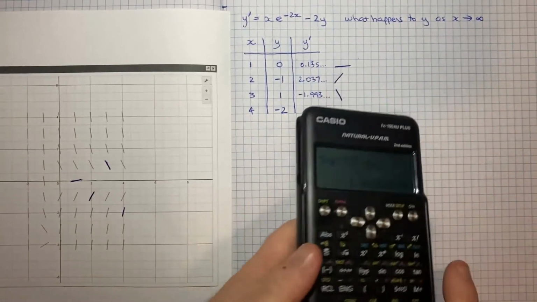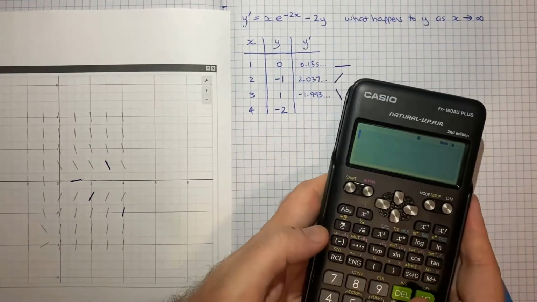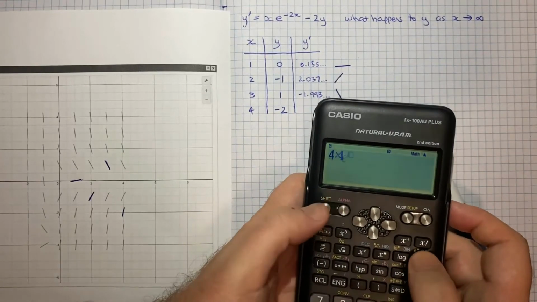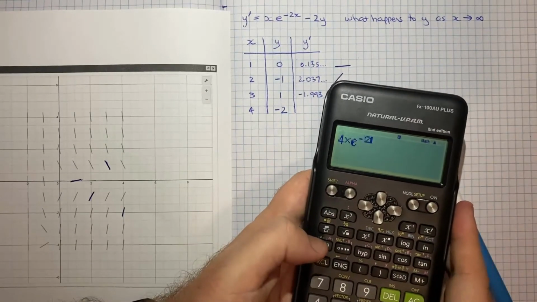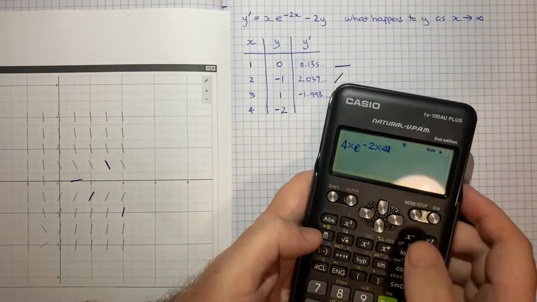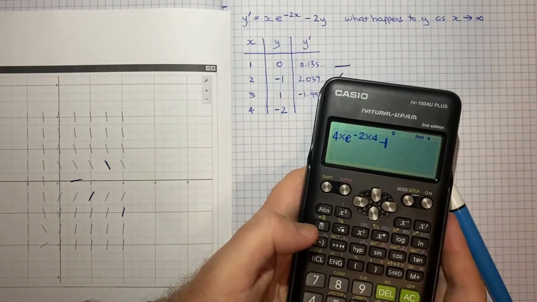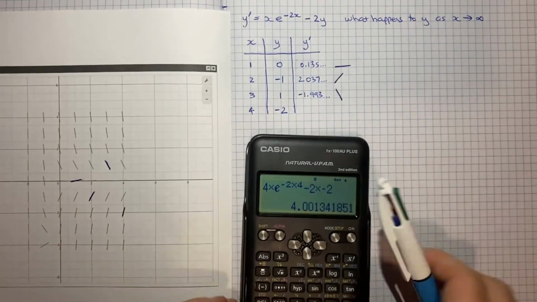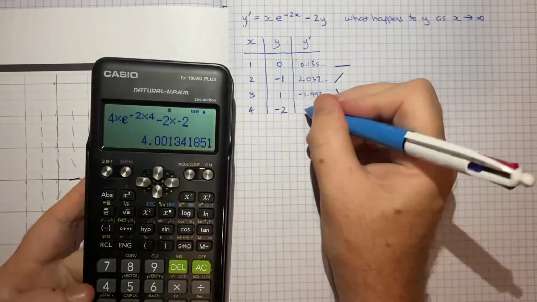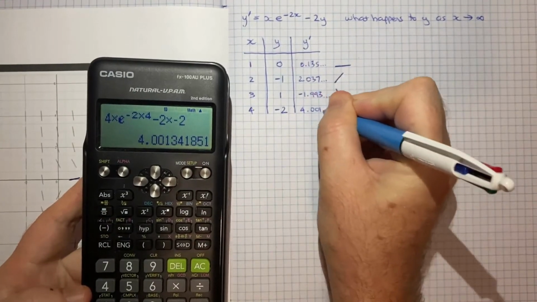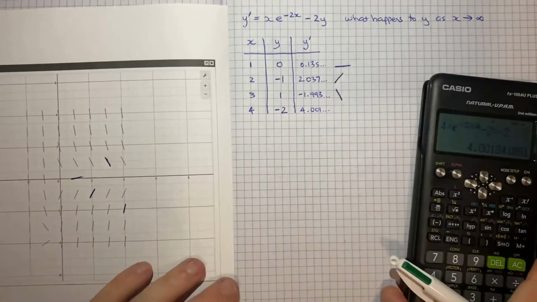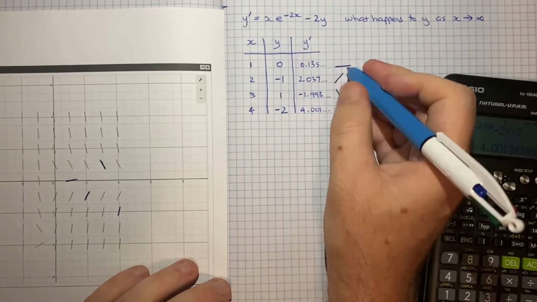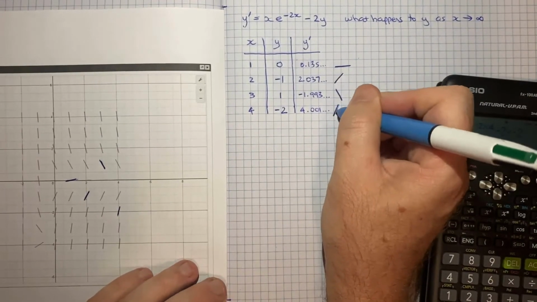And then the last one, hopefully by now you've got the idea. If x is 4 and y is negative 2, we get 4 times e to the negative 2 times 4 minus 2 times negative 2, and here we'll get 4.001, and again positively sloped and quite steep, steeper than what we had before, almost twice as steep, so really steep.